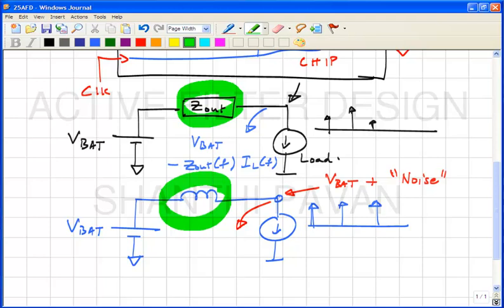The answer to that is that any voltage source will always have an inductive component of output impedance, right. Even if the battery was ideal, by the time you take a wire and route it through the bond wires into the chip, through that package and so on, you will always pick up inductance.